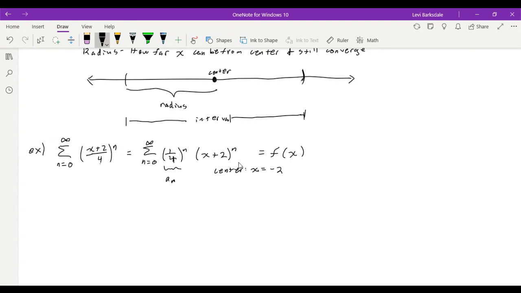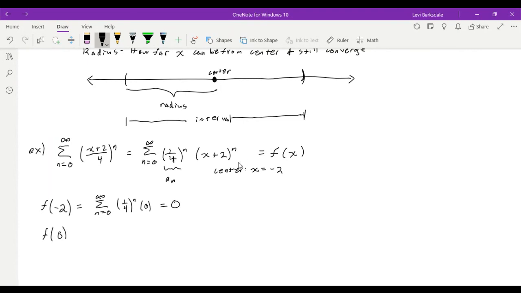On a different note, if I say that this is some function of x, because it is, I can evaluate it just like a normal function. If I plug in x is -2, well then I get the sum from 0 to infinity of 1/4 to the n times just 0, which is 0.